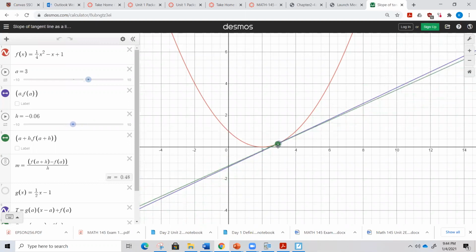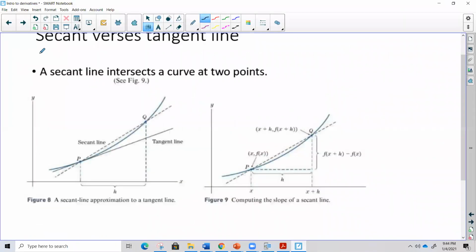Okay, and it's impossible to make it exactly 0, but we want to get really close, and then it gets really close to it. On either side, so if Q started on this side, if I moved it closer and closer, eventually that secant line is going to be almost the same as the tangent line. And that's the idea behind what we're doing.